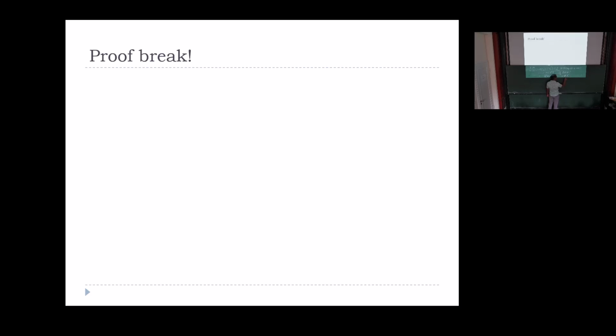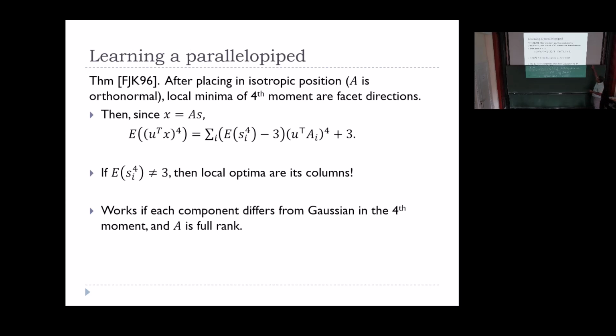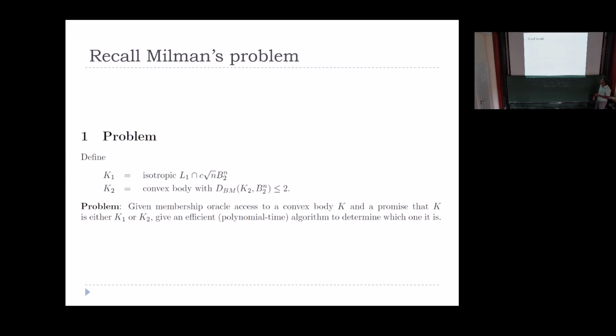A is orthonormal, so this is just the length of u squared. u is a unit vector. This just becomes 3. Okay, so that's the formula, going back to what I wrote there. That was their method. Okay, great.